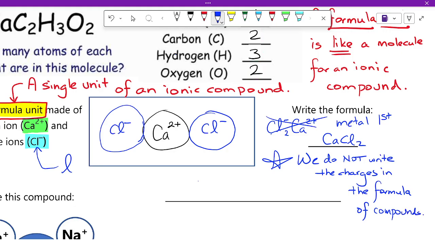Take a look at that drawing of the formula unit that we've made and see if you can figure out why we don't write the charges. Have a chit chat about that with your neighbors.